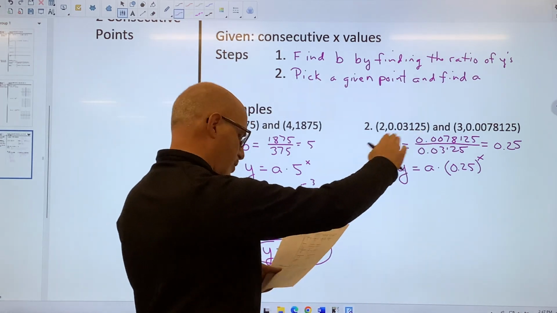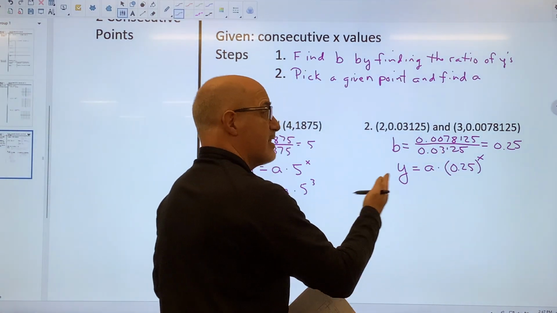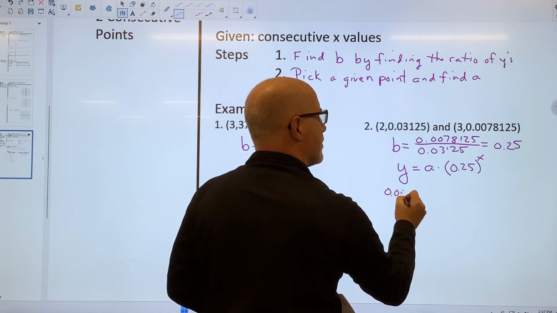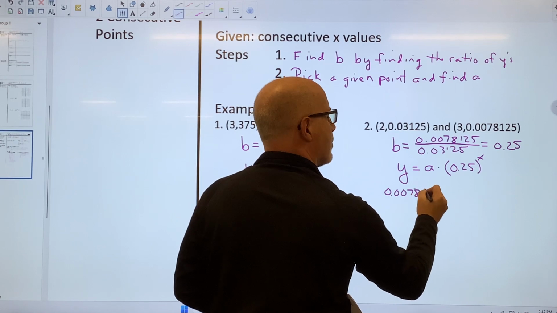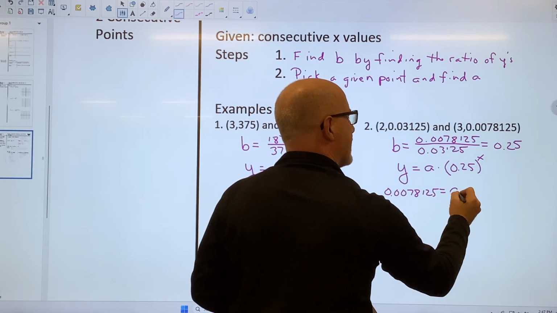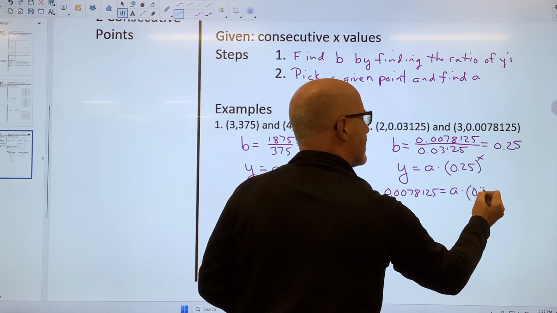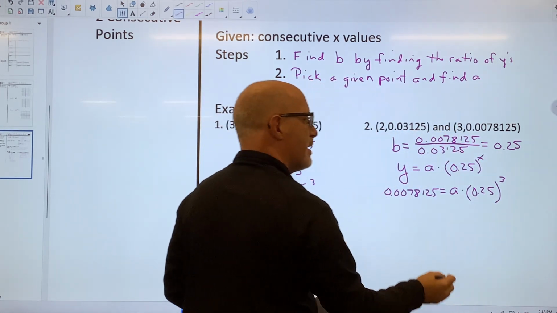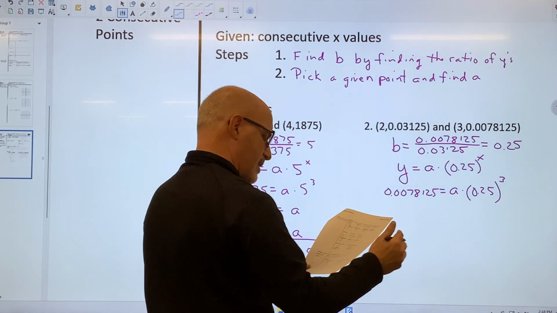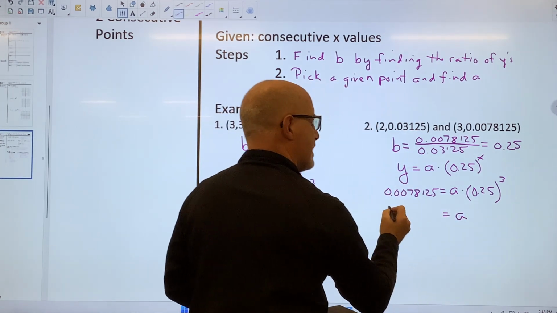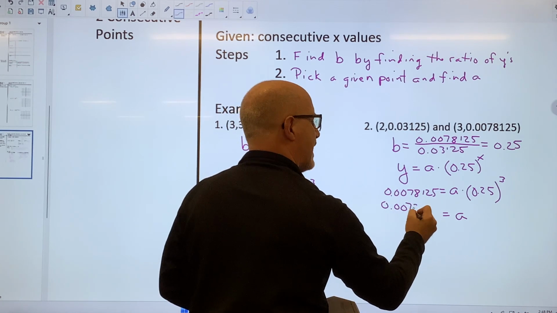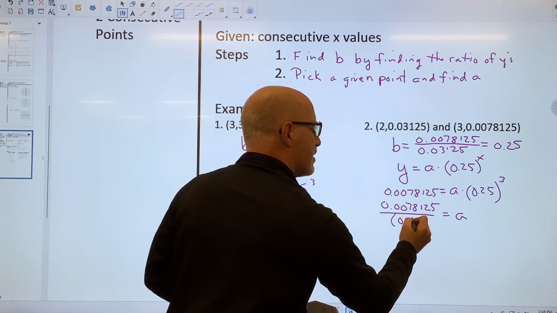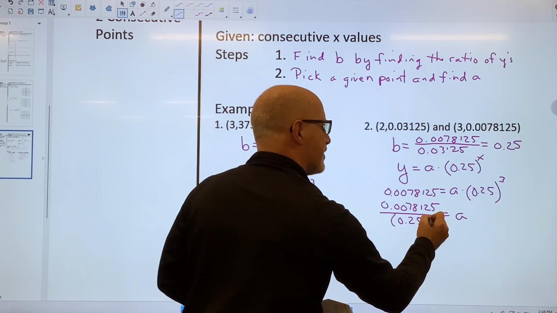Now I'm going to pick one of the two ordered pairs. You can pick either one of them. This time I'll pick the second one. I'll put this one in and I get 0.0078125. That's going to equal my initial value times 0.25 to the x power. In this case, it's going to be to the third power. So I'm going to divide by that on both sides. So I get a equal to 0.0078125 divided by 0.25 to the third.